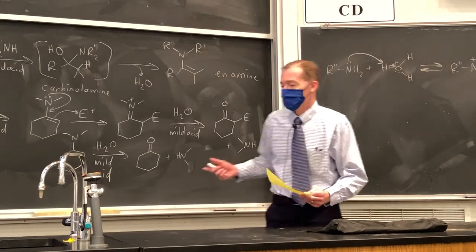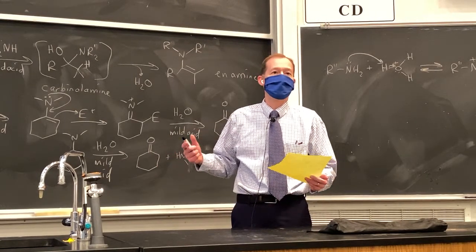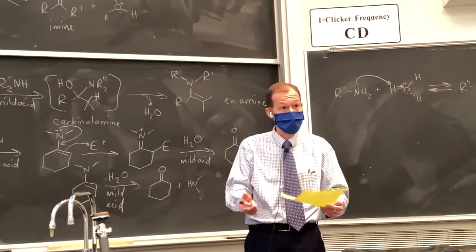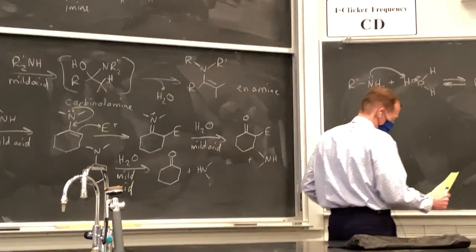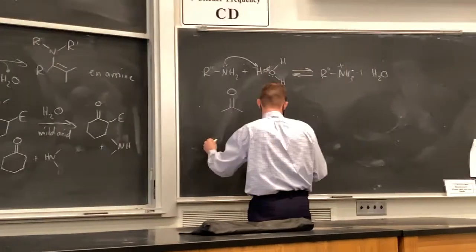All right. So our amines are kind of on the border between strong and weak nucleophiles. Let's talk about what happens when we react a weak nucleophile, something that's really a weak nucleophile, with an aldehyde or a ketone. So our most common weak nucleophile is water.